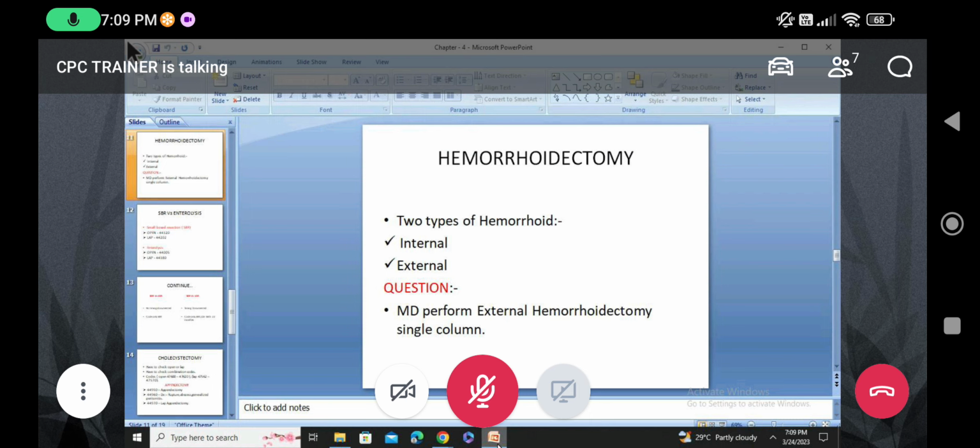Right? So the question I have already given here. Question is: MD performs external hemorrhoidectomy, single column. So this is the question.